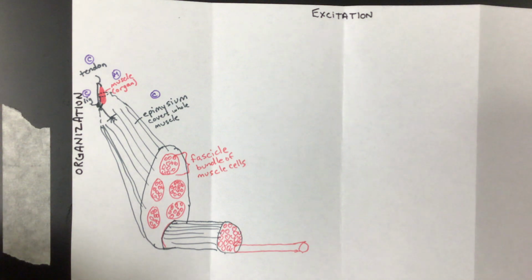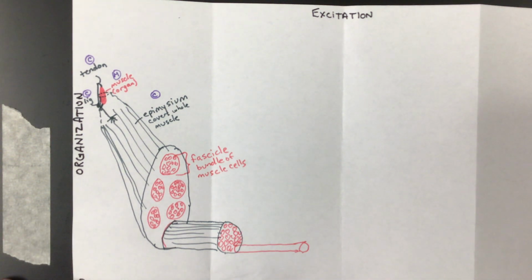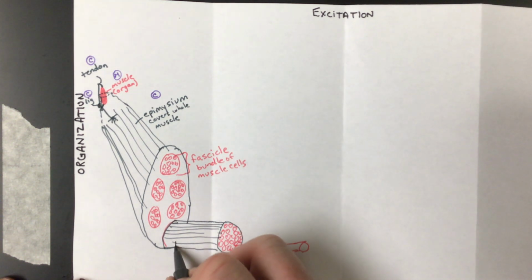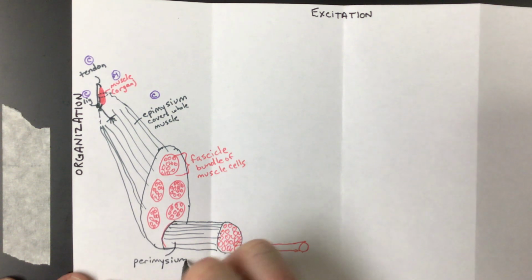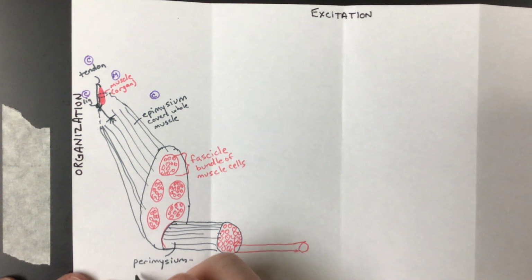And each fascicle has a connective tissue covering in here called a perimysium. Let's label it down here. So a perimysium covers fascicles.